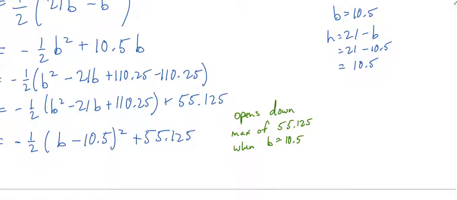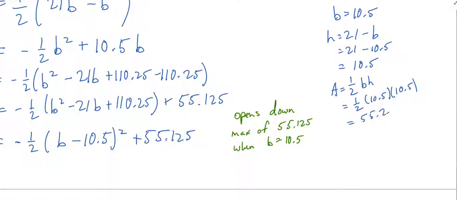Sometimes it asks you to find the base and the height. Sometimes it asks you to find the maximum area. It asks for both. I don't have to do this because I already have the maximum area, but area is 1/2 base times height, which is 1/2 times 10.5 times 10.5, which works out to 55.125. But we already had that.